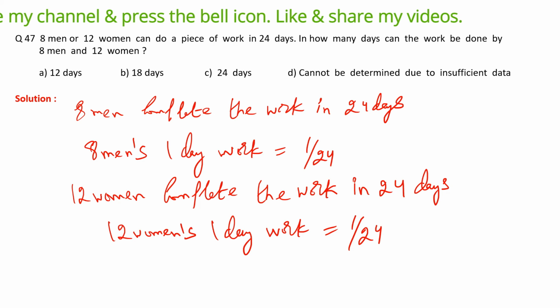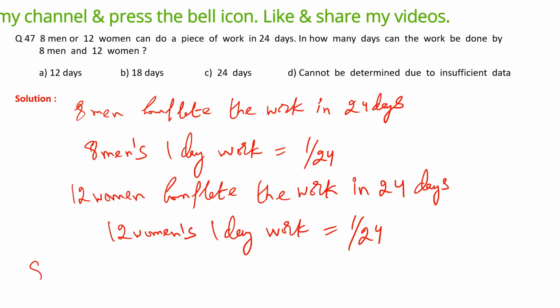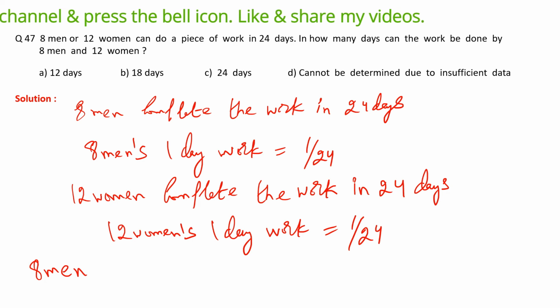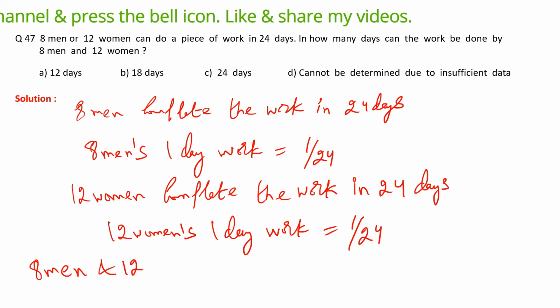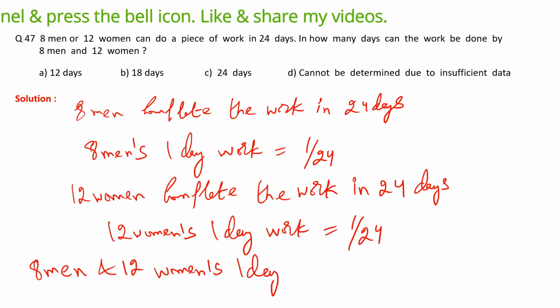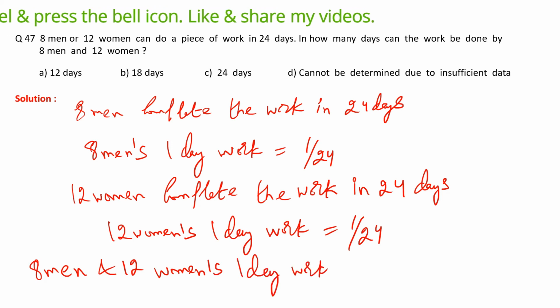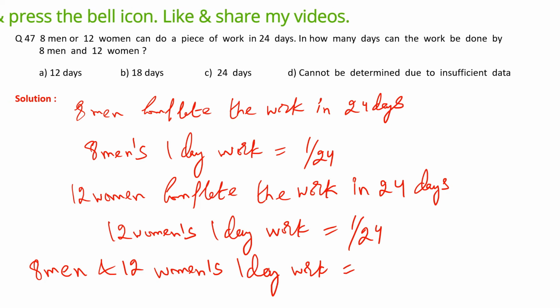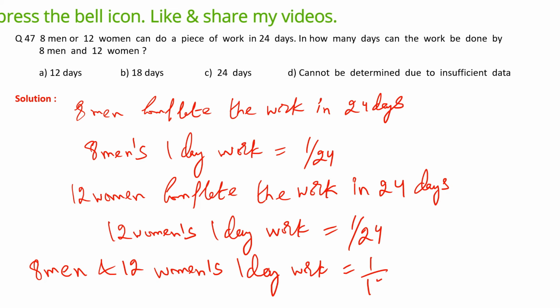Now, if both of these groups collectively do the work, then we can write 8 men and 12 women's 1 day work will be 1 upon 24 plus 1 upon 24. That means 2 upon 24 or 1 by 12.